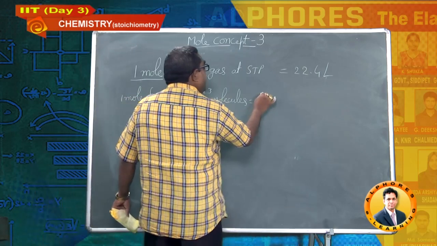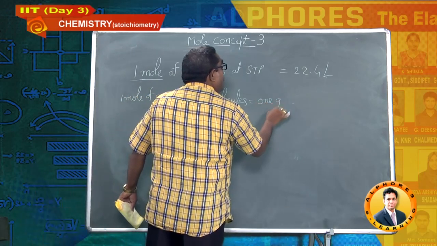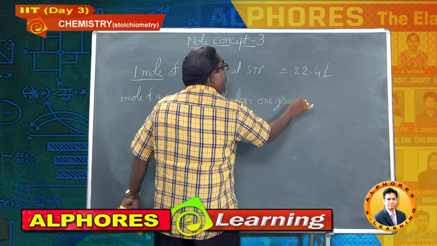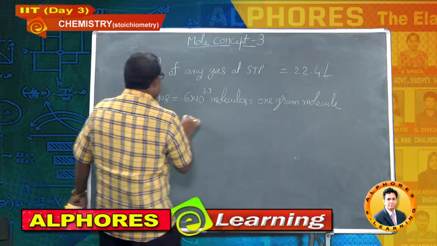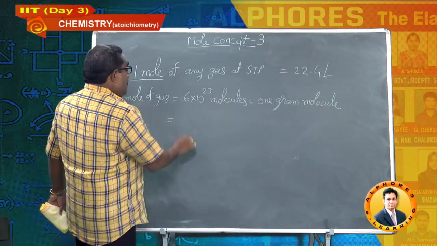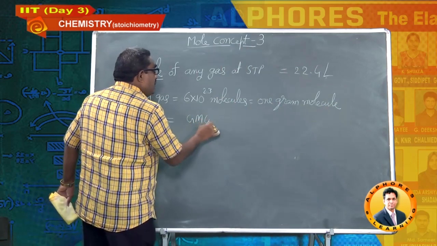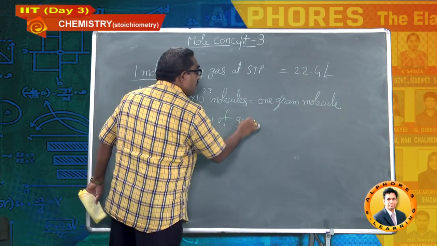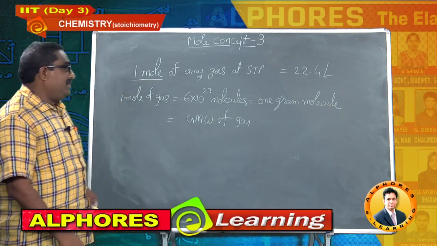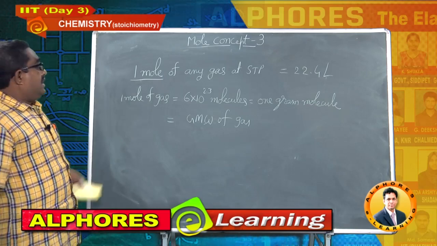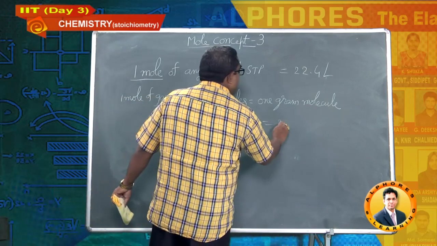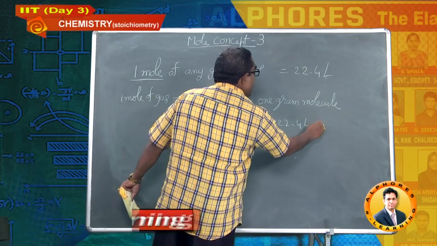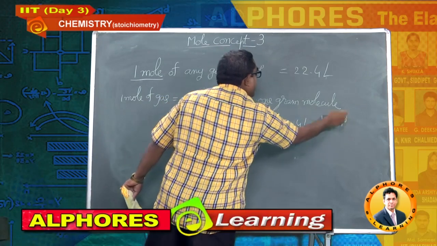So, you can also write it as 1 gram molecule of a gas, or GMW of gas. Both are the same only. So, all these are equivalent, nothing but equal to 22.4 liters at STP.